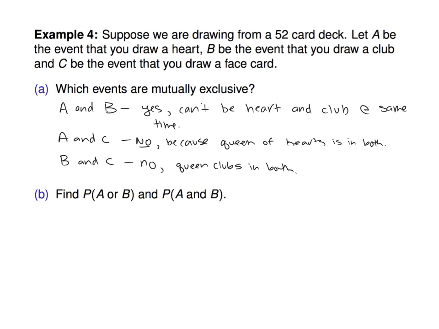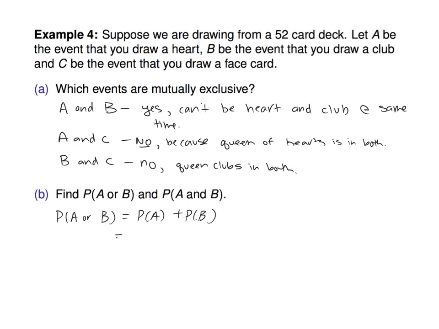Alrighty. So I didn't ask you to find P of A and C or P of B and C yet, but can you find P of A or B? Because they're mutually exclusive, you can say that's equal to P of A plus P of B. And we will have a rule that we're going to learn tomorrow that generalizes to events that are not mutually exclusive as well, and works for this too if you forget.